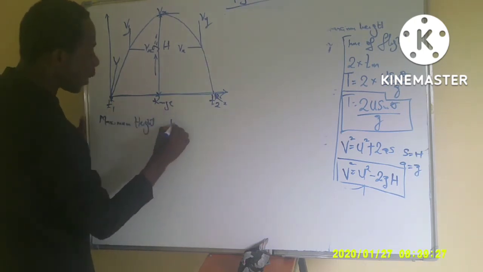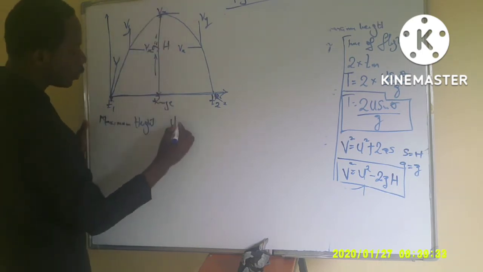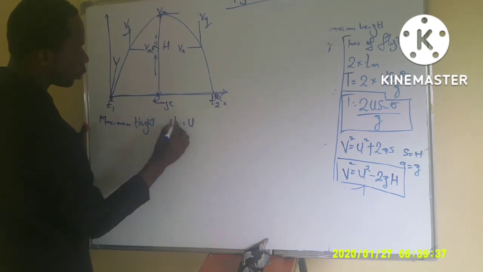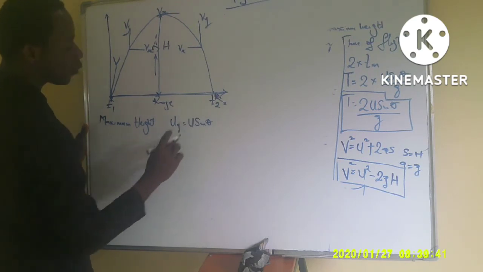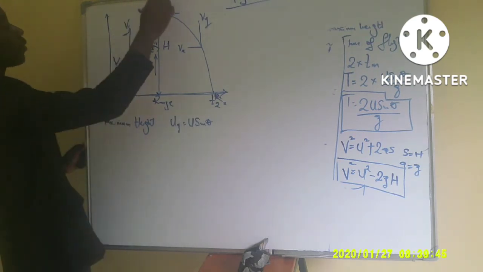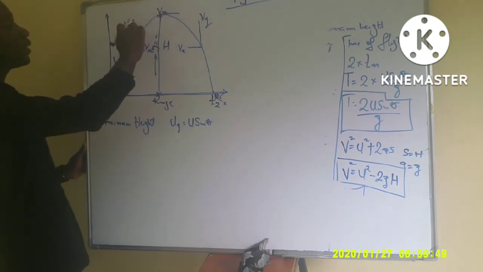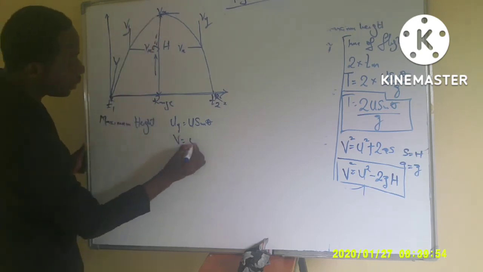So remember that our initial velocity that took the body from rest to this point, uy, is equal to u sine theta. So let's substitute u into the equation. At maximum height, the velocity becomes 0, so the final velocity is 0.